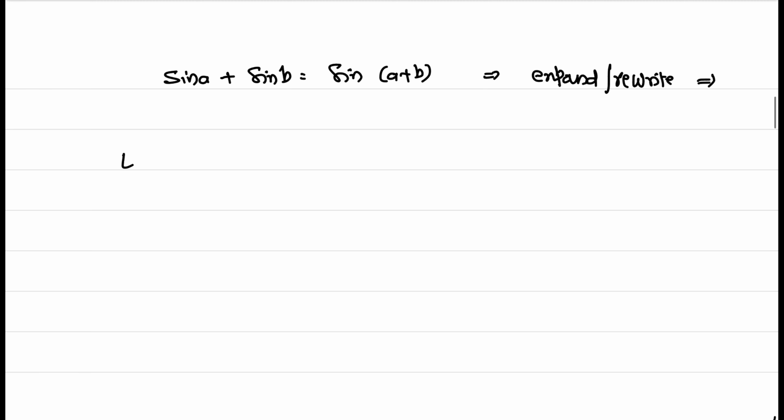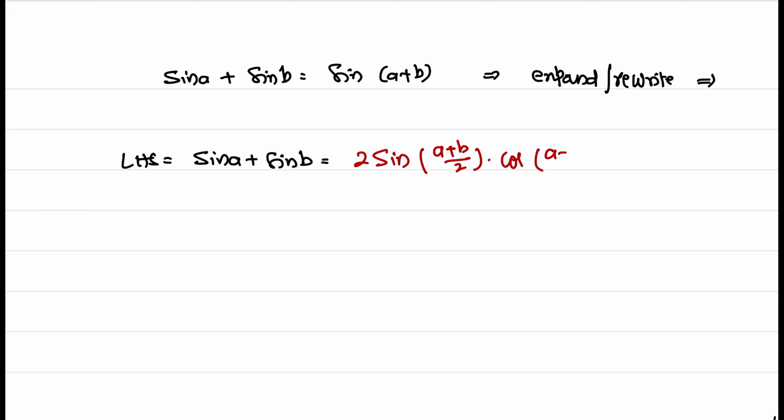What is sin A + sin B on the left hand side? It's a very important identity. Please remember: sin A + sin B is equal to 2 sin((A+B)/2) into cos((A-B)/2).